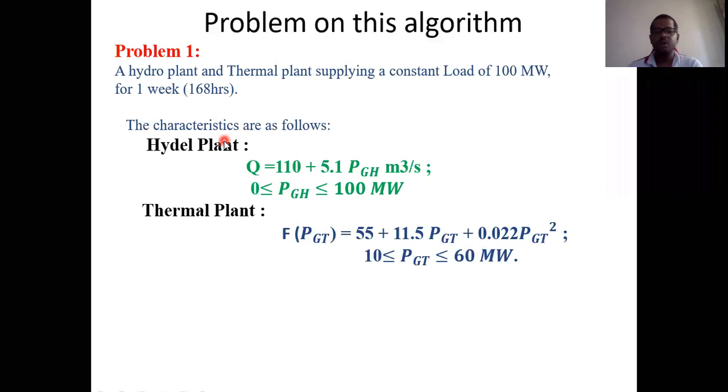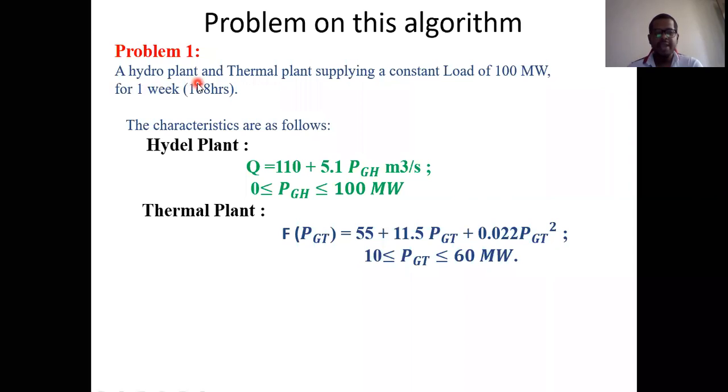So this is nothing but the given problem. All of you read this problem. Take a moment, then read this problem. So let's try to take this problem.